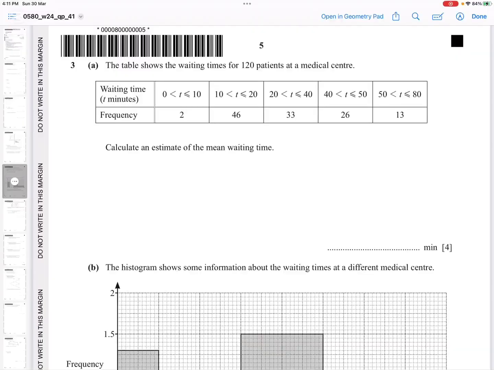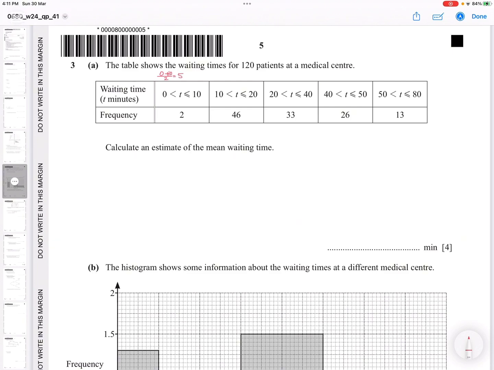Thank you. In question number 3, part A, the table shows the waiting times for 120 patients at a medical center. This table is given. It says calculate an estimate of the mean waiting time. We have to find the midpoint of each interval. From 0 to 10, we can say 0 plus 10 divided by 2, which gives me 5.